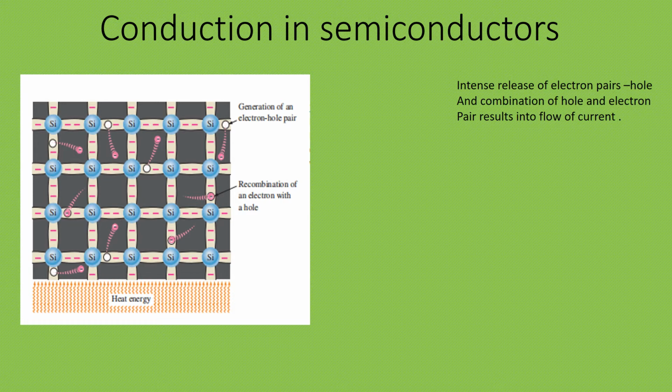Conduction in semiconductors: here you can see these electrons are released when you apply some biasing voltage, and there will be a flow of current. So an intense release of electron-hole pairs, and the combination of hole and electron pairs, results in a flow of current.